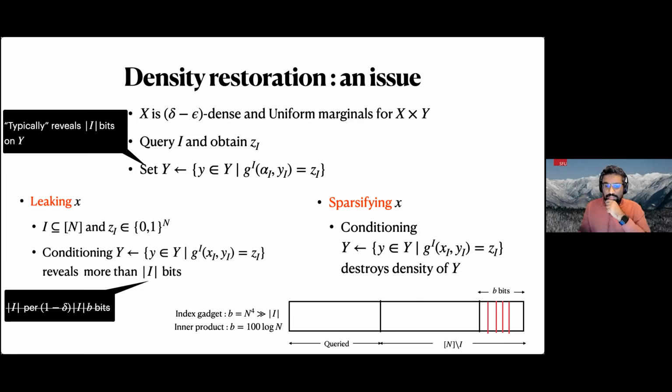So if we had this other concern, leaking, where I bits of query answer reveal more than I bits of information. If that doesn't happen, then a query answer only reveals I bits. And in the case of the index gadget, revealing I bits onto even a single block is not a problem, because a block is larger than the maximum number of queries the decision tree is going to make.